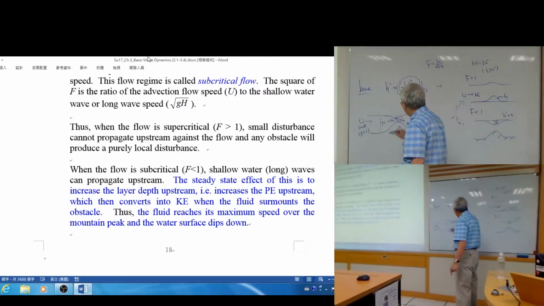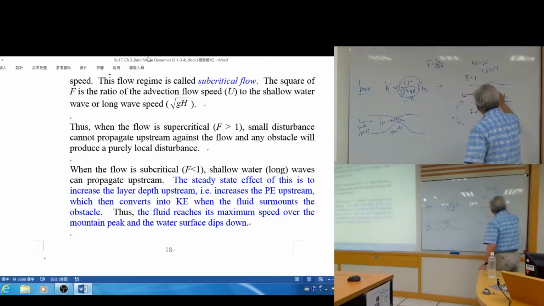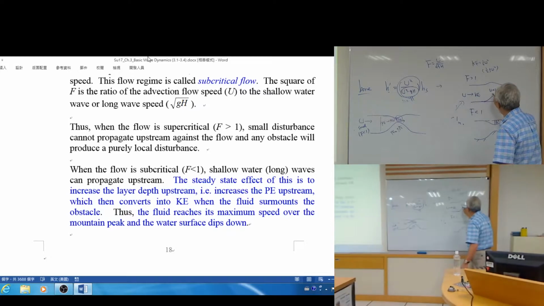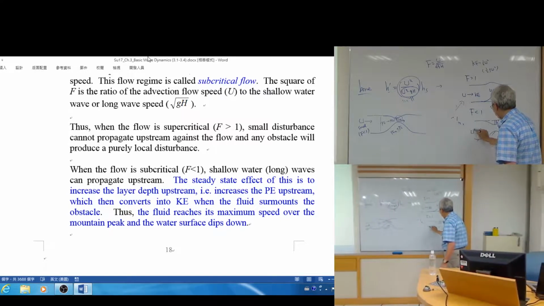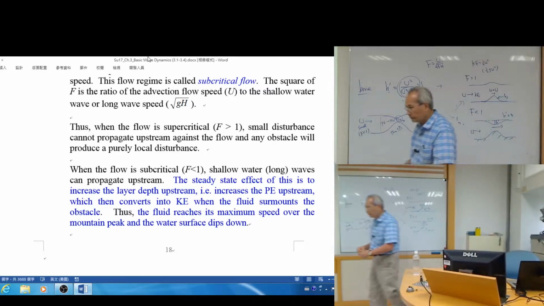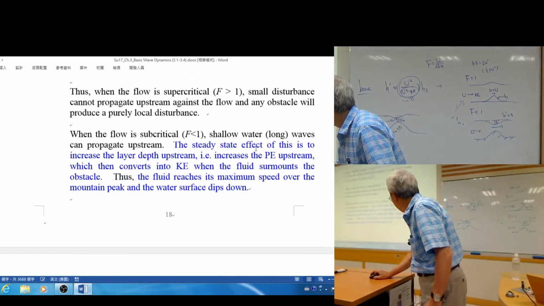Here U will be less than U over there. When U is like this, it will be slower, and here it will be faster. So we are done with this.